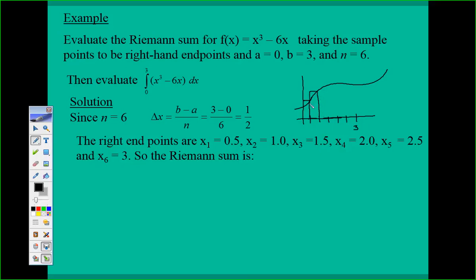If we're using the right side of the rectangle, we know that this width right here would be 1/2. And that's where we're getting this value, x sub 1 equals 0.5. That's the value we're going to plug into the function to get the height of that rectangle. Now for this value, we just add another 1/2, so that would be 1. That's the value we're going to plug into the function to get the height of this second rectangle. And that's our x sub 2. And so on.